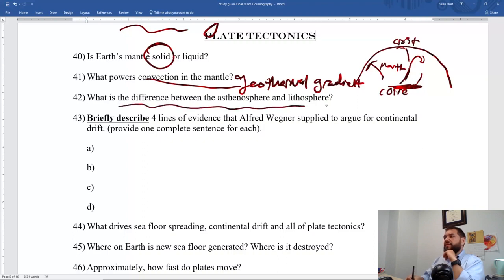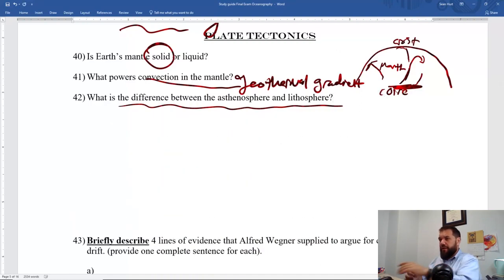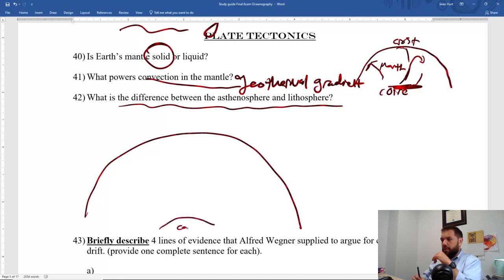Now, what's the difference between asthenosphere and lithosphere? To think of the difference, the lithosphere is the uppermost mantle plus the crust. Okay, so if I was going to draw this out, here's the Earth, here's the core.